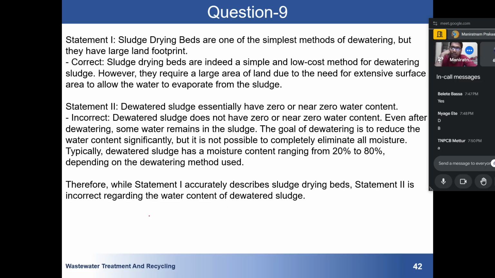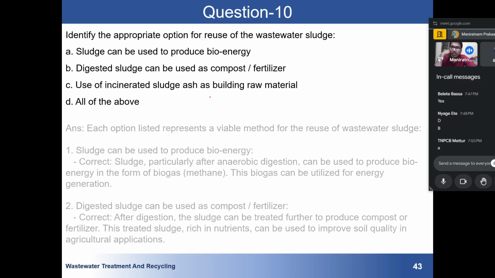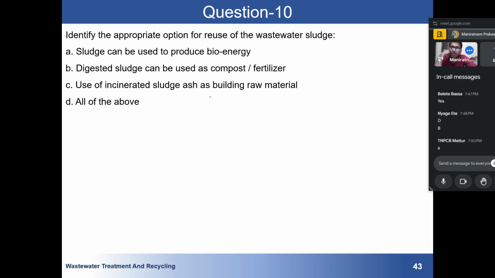Incorrect, you can see here we have seen that after conversion into methane also something is left, and the bioproduct can be used as a biofertilizer.